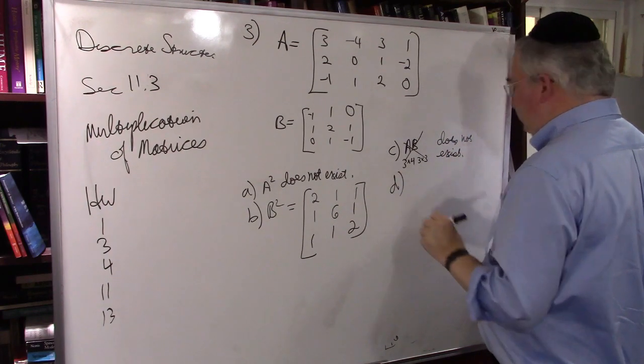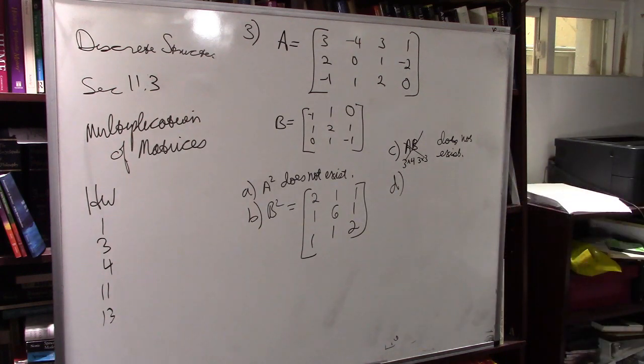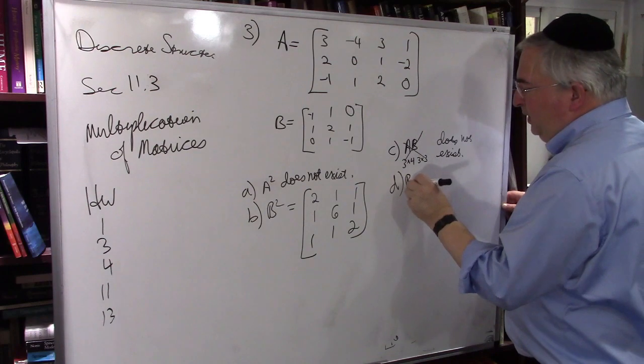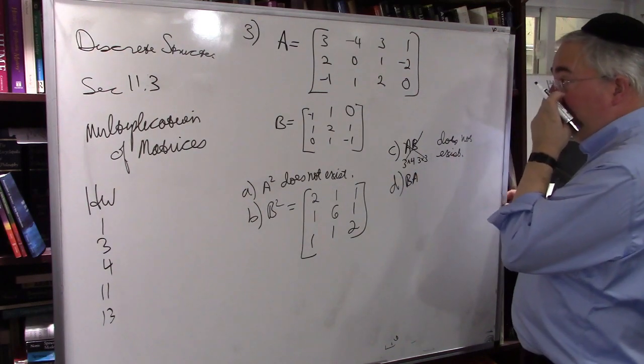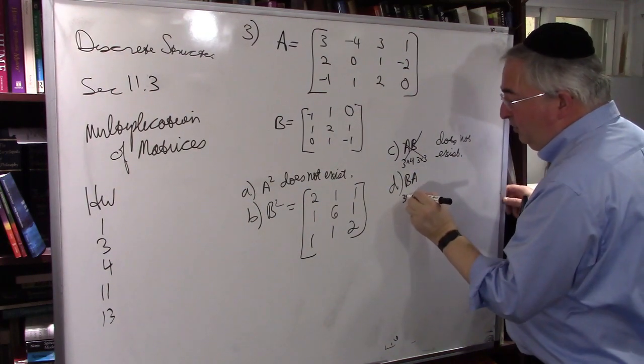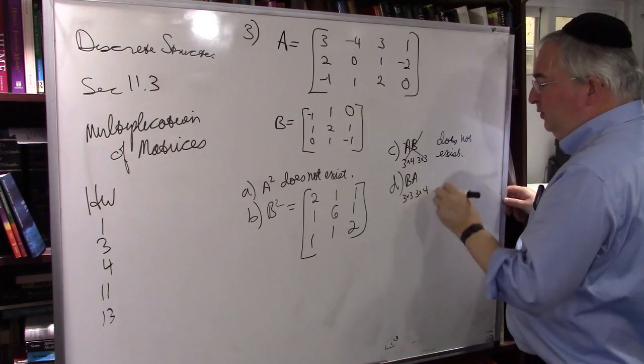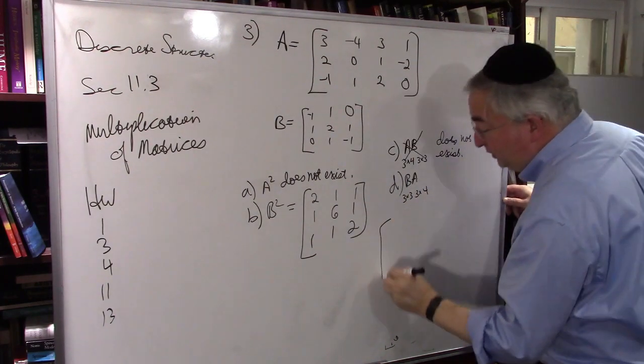Okay, D is BA. Let's see that. That's going to work because B is a 3 by 3 matrix and this is a 3 by 4 matrix. So we're going to get out a 3 by 4 matrix.